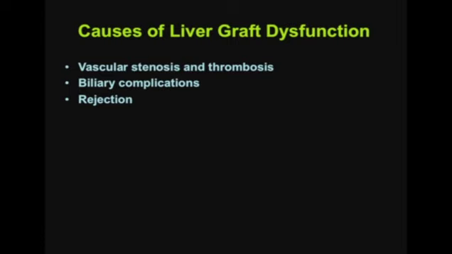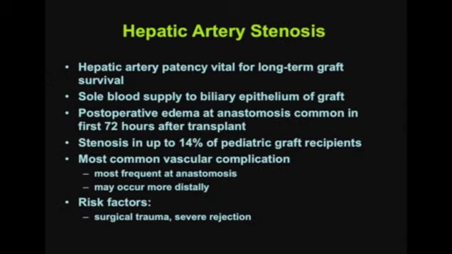Causes of liver graft dysfunction include vascular stenosis and thrombosis, biliary complications, and rejection. Hepatic artery patency is vital for long-term graft survival and is the sole blood supply to the biliary epithelium of the graft. It's very common to encounter postoperative edema at the anastomosis in the first 72 hours following transplantation.